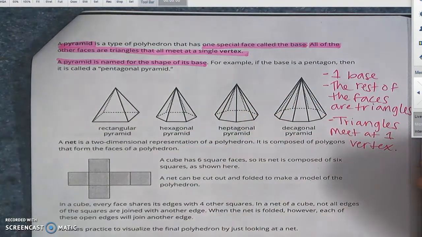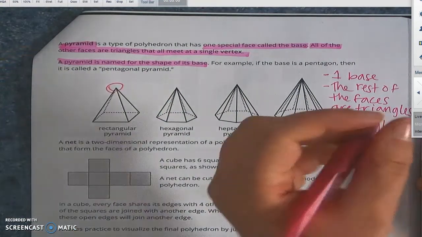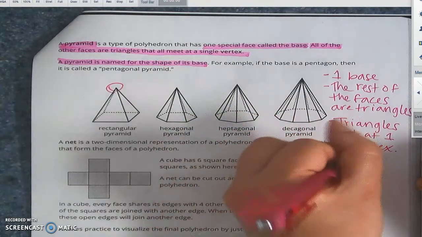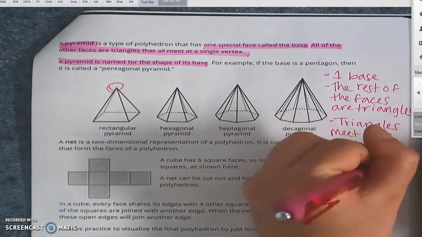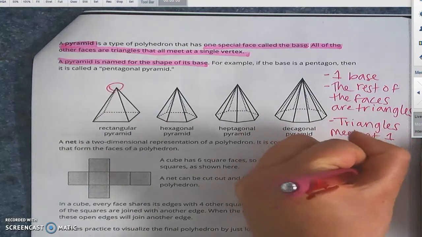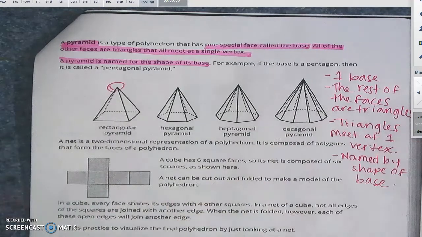One vertex or one point. That's this. And they are also named by the shape of the base. Not bases, base. They only have one base.